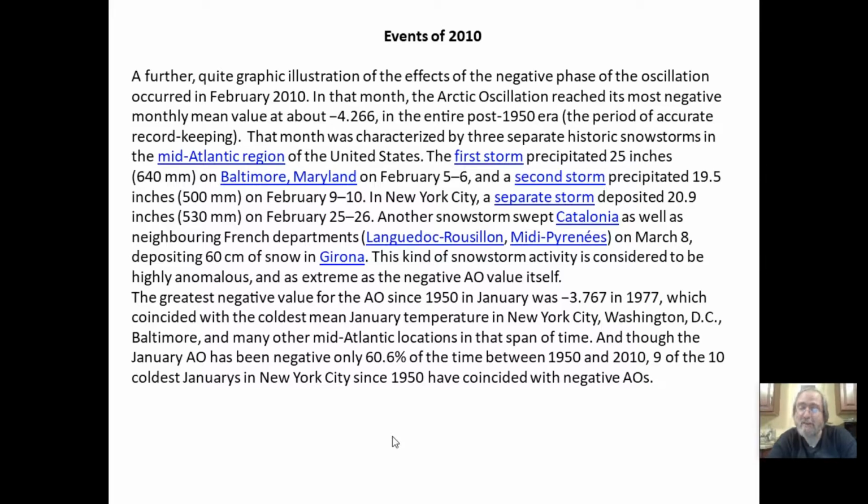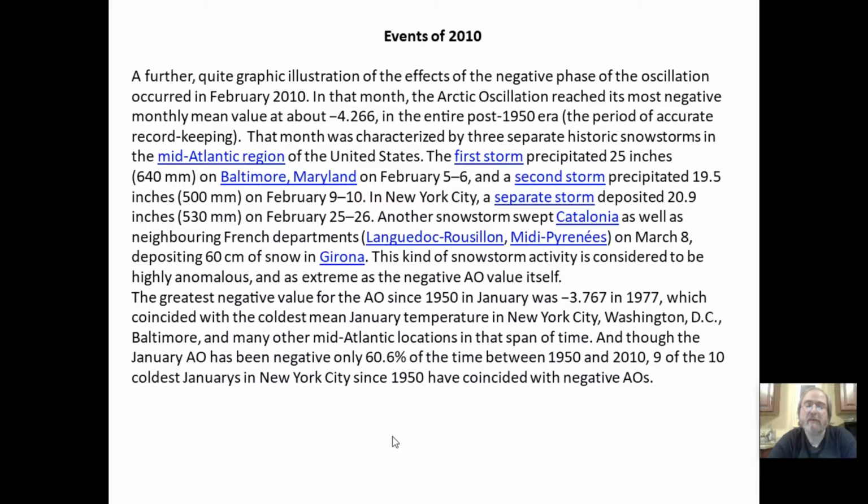In New York City, a separate storm deposited 53 centimeters. 10 millimeters equals a centimeter, so I'm just dropping the 0 and changing the first M to a C. Another snowstorm swept Catalonia, as well as neighboring French departments like Languedoc-Roussillon and Midi-Pyrenees on March 8, depositing 60 centimeters of snow in Girona. This kind of snowstorm activity is considered to be highly anomalous and as extreme as the negative AO value itself.